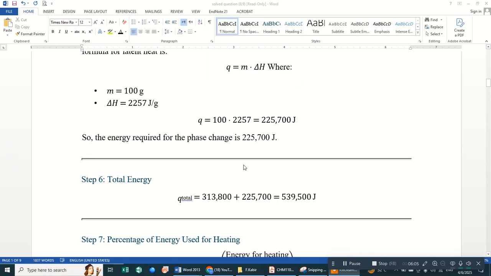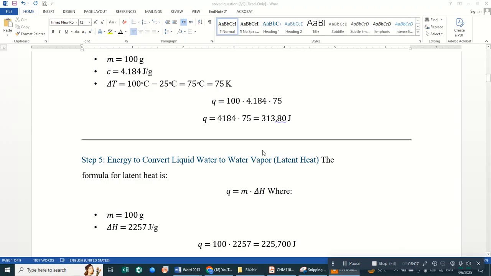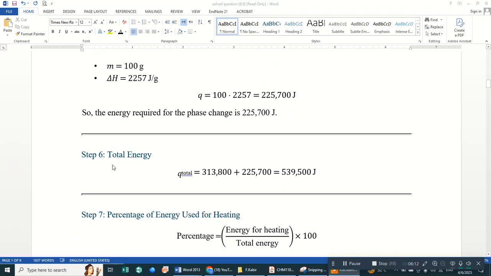Now we sum up both types of energy and calculate the total energy, the total heat, which is basically 257,050 joule.